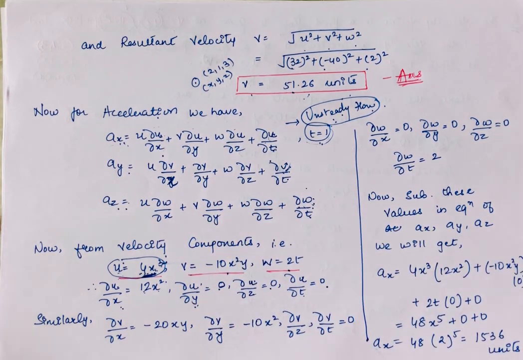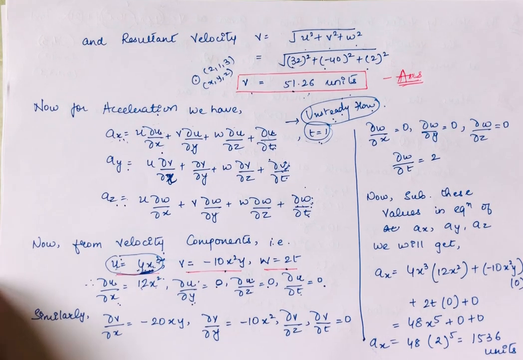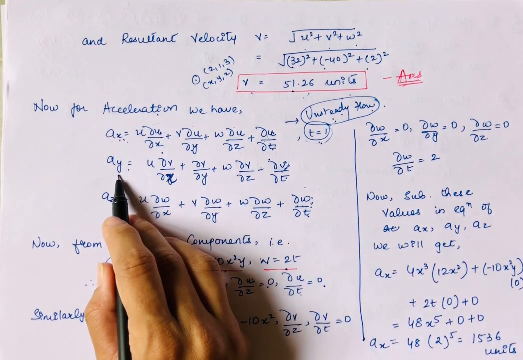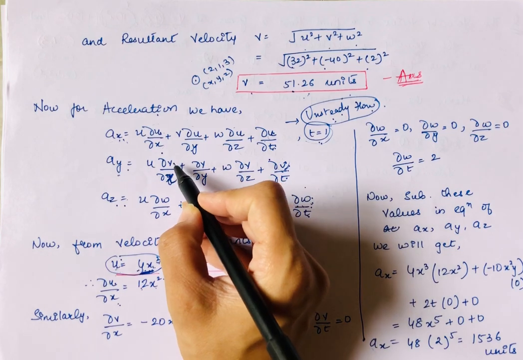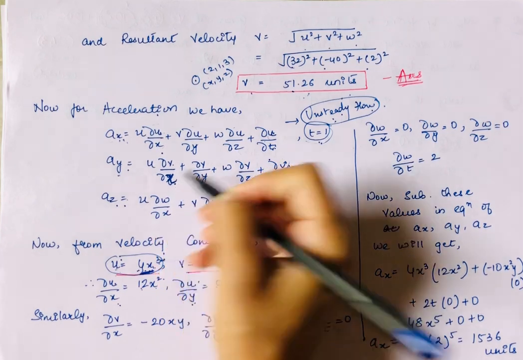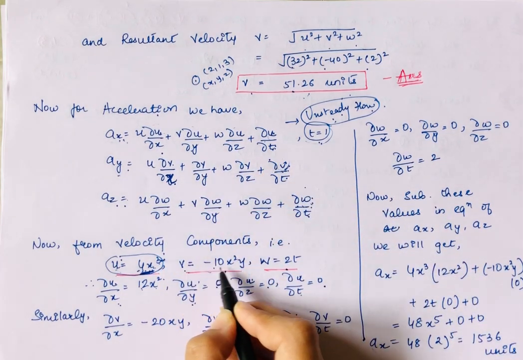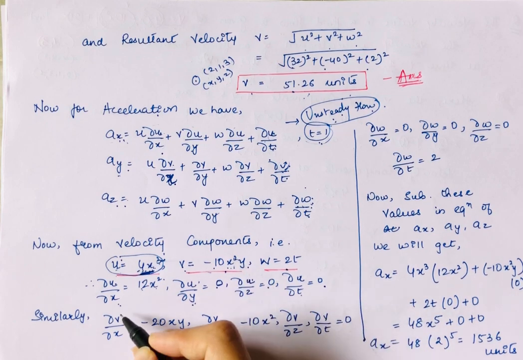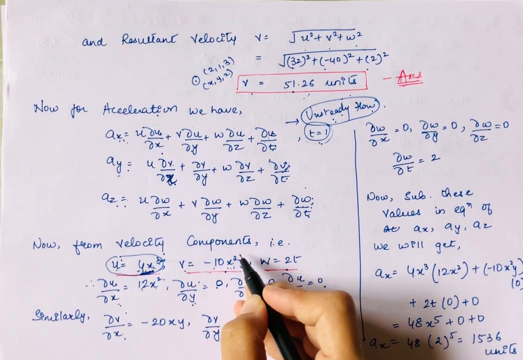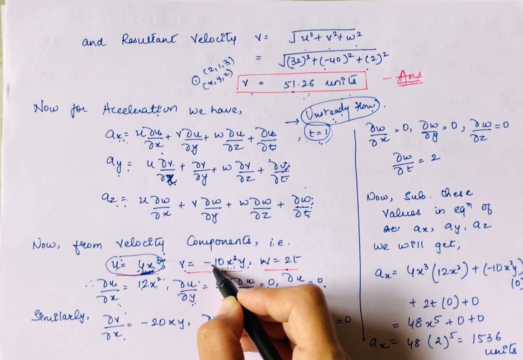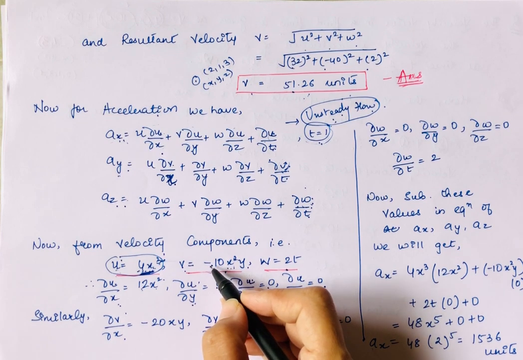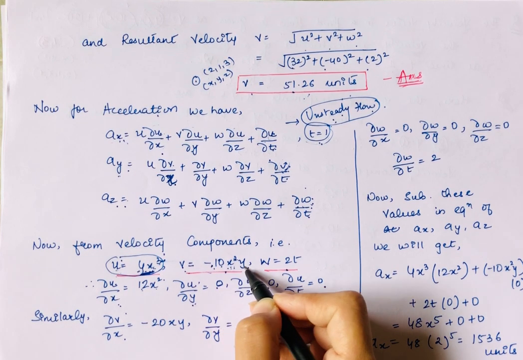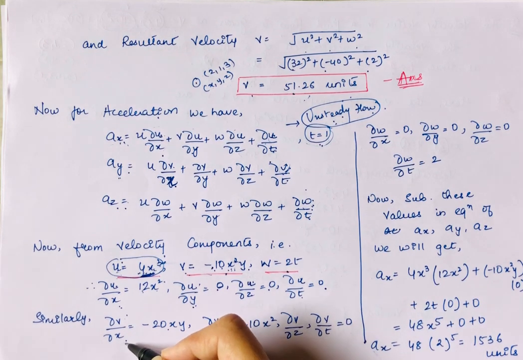Now moving forward, similarly for the acceleration in y direction, we need del v by del x, where the value of v is minus 10x square y. So del v by del x would be, 2 will come in front, so minus 20xy will be the value of del v by del x.